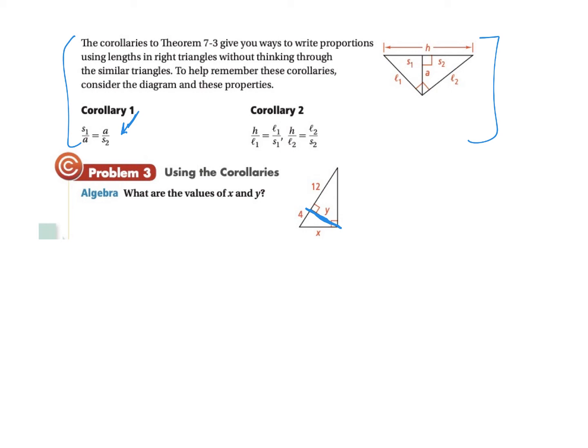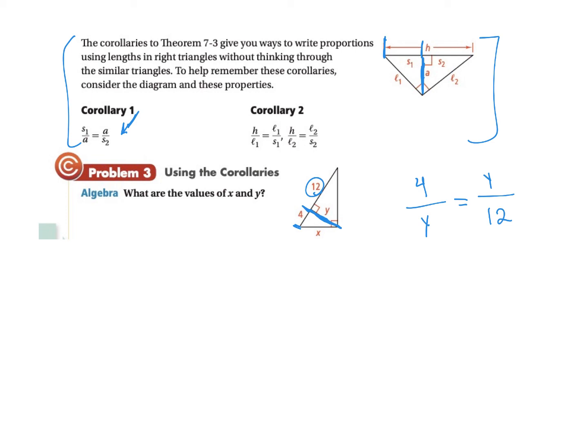So we're going to do S1, which is this piece of the triangle, which in this case would be 4, over A, which is your altitude, so in this case is Y, is equal to Y over S2, which is that other piece of the hypotenuse, which would be 12.